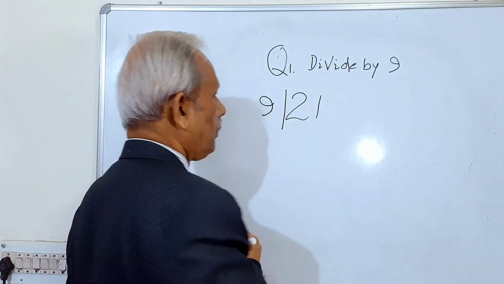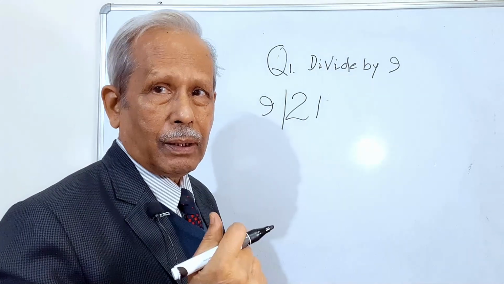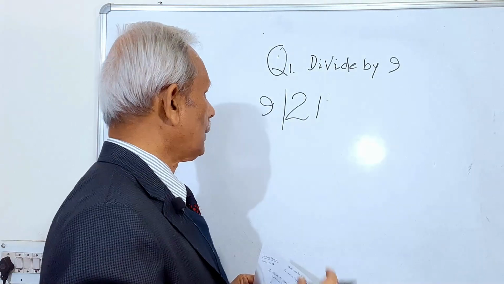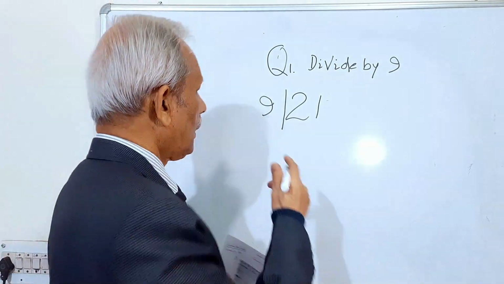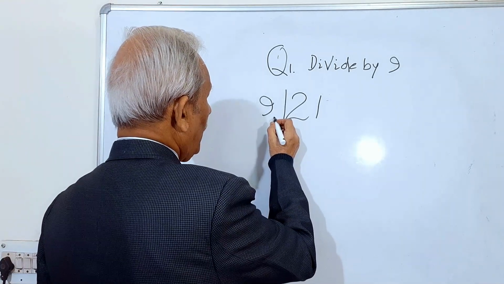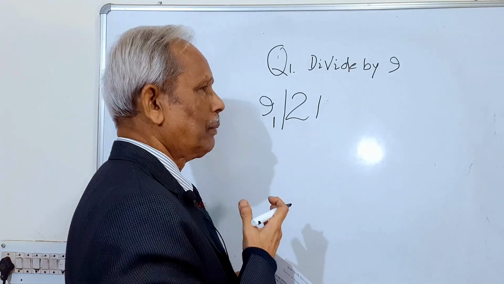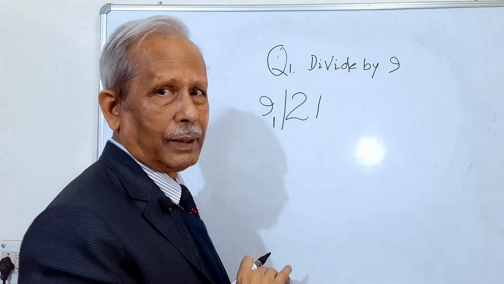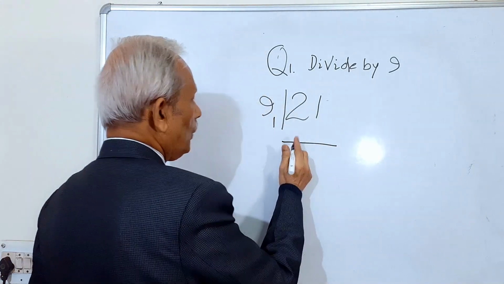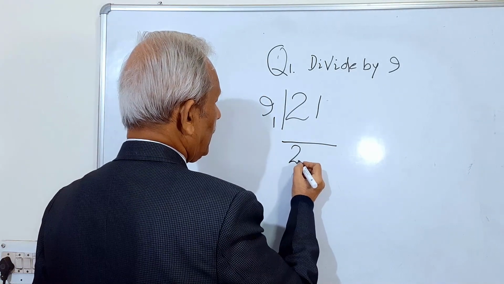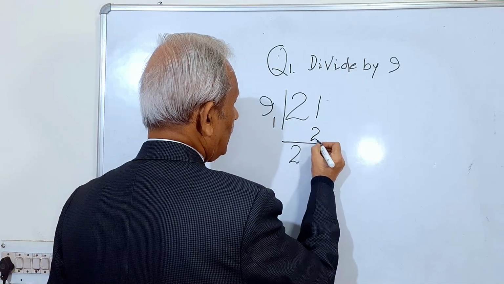I hope you remember that this is being done through the Nikhilam Sutra. In Nikhilam Sutra, we find the complement of the number. Here the complement of the number is 1, which we need not write, just remember it. Now let us do the question. 2 will come as it is, and then 2 into 1, 2 we write here.